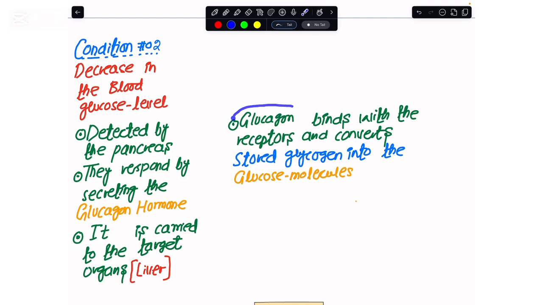Since we have glycogen stored in the liver, glucagon binds with the receptors of the liver cells, and any stored glycogen in the liver is broken down into glucose molecules. These glucose molecules diffuse out into the blood plasma, and the blood glucose level is elevated.